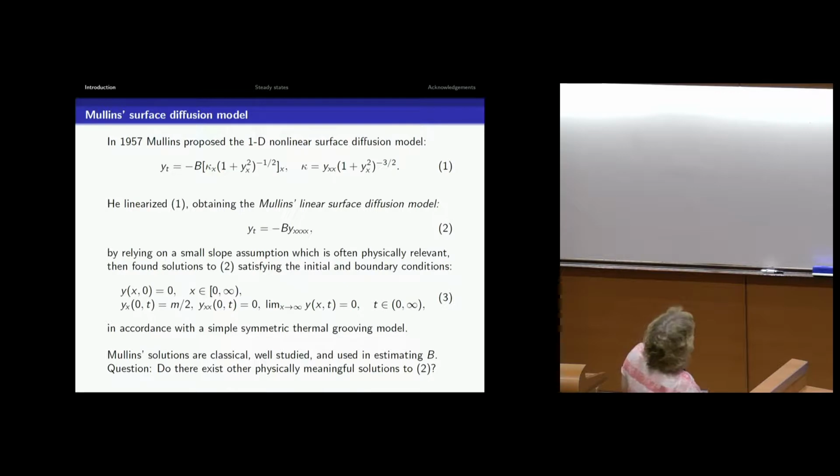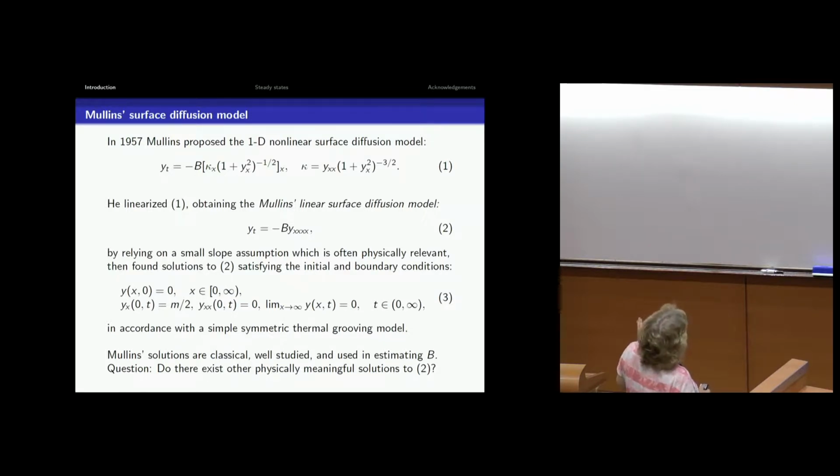But then what do you do with a fourth order equation, particularly in 1958? Maybe it's all you should do, but he linearized it around the planar surface situation. This is called the small slope assumption, which is in many circumstances realistic. In fact, some people argue that it's nearly always realistic.